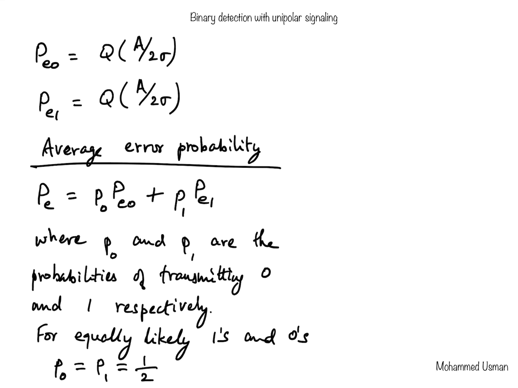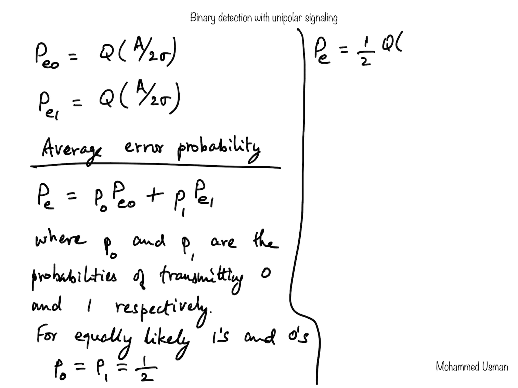So if we transmit a large number of bits, almost half of them would be 1 and half of them would be 0. So we'll substitute this in our expression for the average probability of error. So that will give us the average probability of error is P0 is half and Pe0 is the Q function, Q of A by 2 sigma, plus P1 is half and Pe1, the second part, is also Q of A by 2 sigma, right?